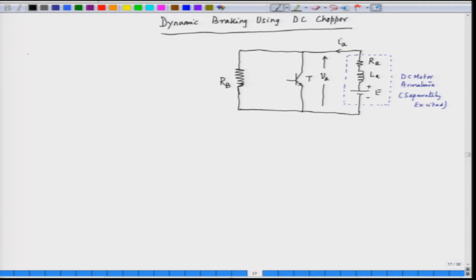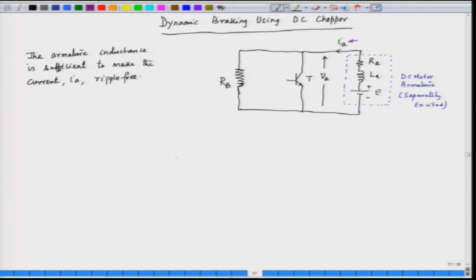What we assume here is that the armature inductance is sufficient to make the current Ia ripple free. So, this current Ia is almost a DC current.